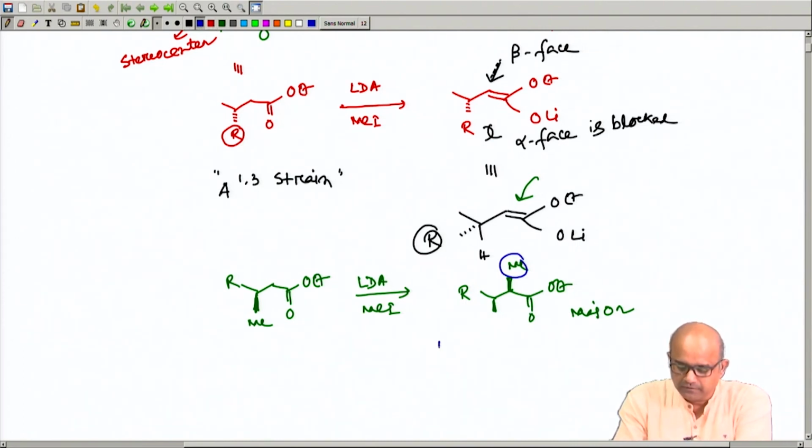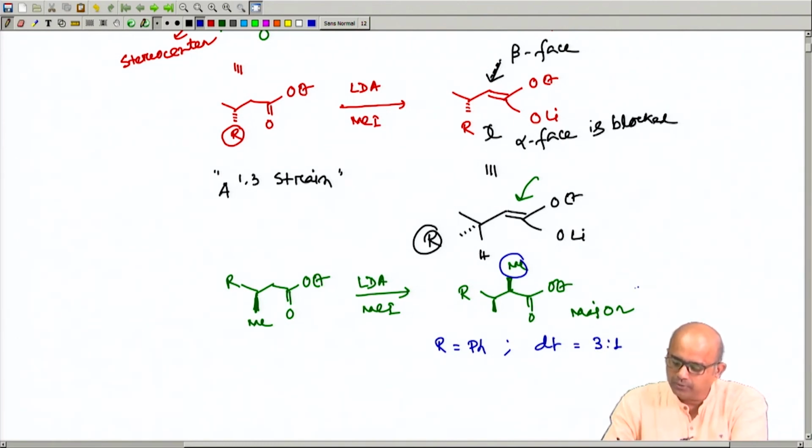Now, let us count the steric parameter of different group. If R equal to simple phenyl, the diastereomeric excess was good, it is simple like 3:1, means this is the major product and the minor product which will be formed, it is the other way, means this methyl will be below. Okay. 3:1.